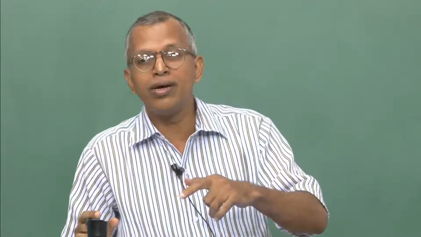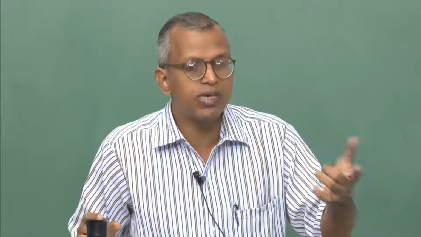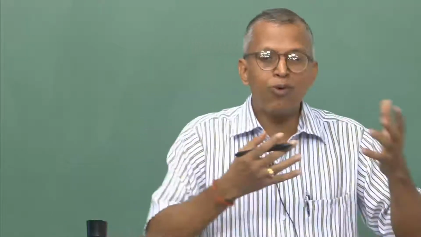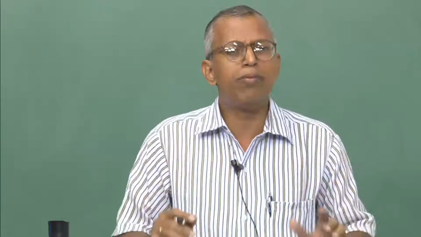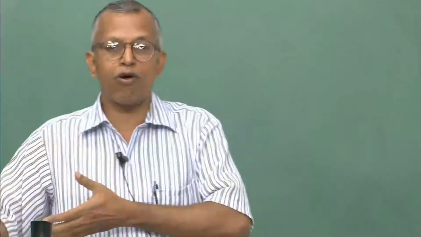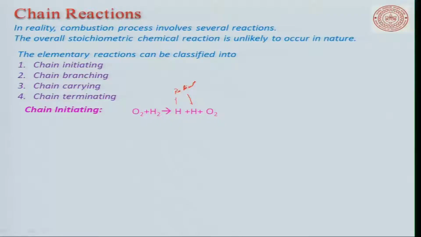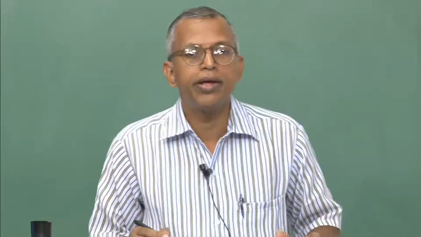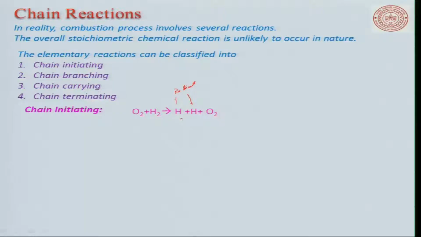Of course, the other way around can occur depending on the prevailing situation, because all are probabilities, depending upon what temperature, what pressure, what concentration is available. These are radicals, which are very important to carry forward the reactions, because these are very energetic atoms and molecules.